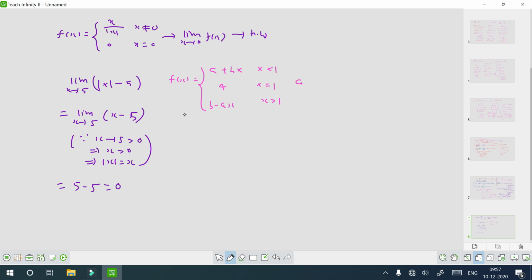And if limit x tends to 1 of f of x is equal to f of 1, then find the values of a and b.